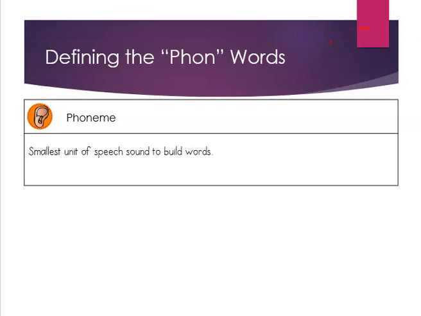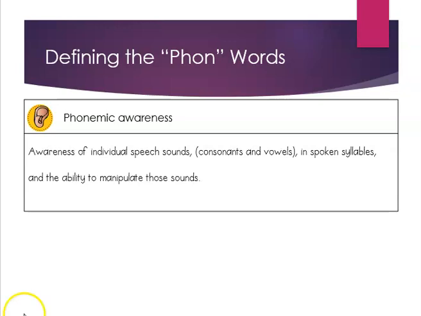When you hear the word phoneme, it's talking about the smallest unit of speech sound to build words. So if, for instance, I said the word cat, cat has three phonemes: k, a, t. So it's individual speech sounds.